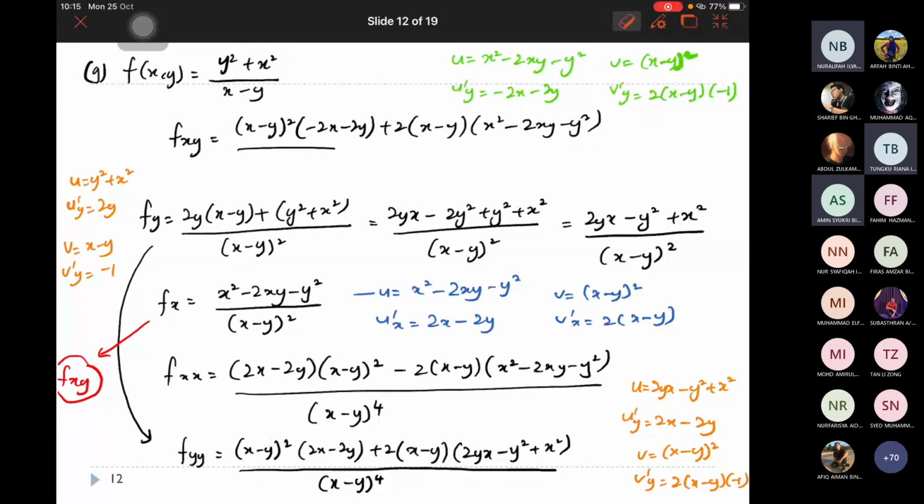Okay, we get over (x minus y) to the power 4. Okay, that's all for partial derivative.